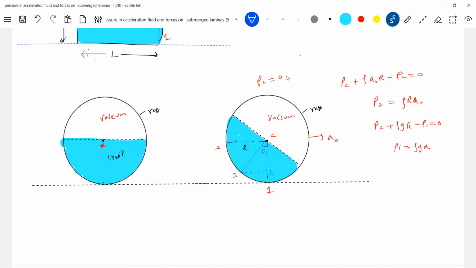PC plus rho G R cos theta minus P4, the PC is 0. Then P4 plus rho A naught R sin theta minus P3 equals 0.